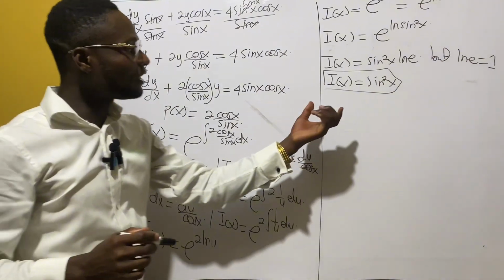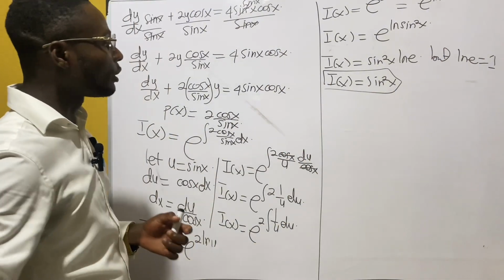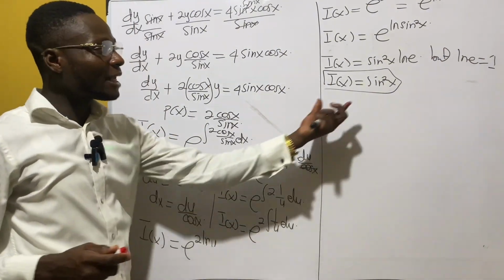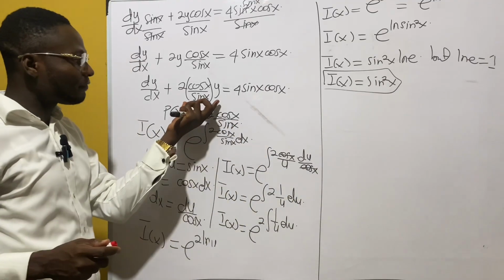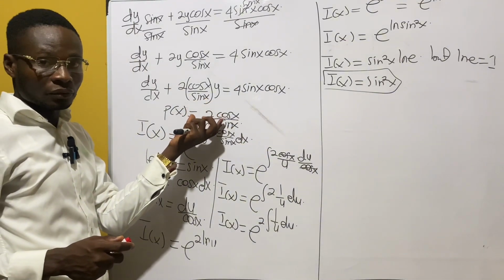So once we have this, we can go ahead and multiply this by the standard form of the equation, right?